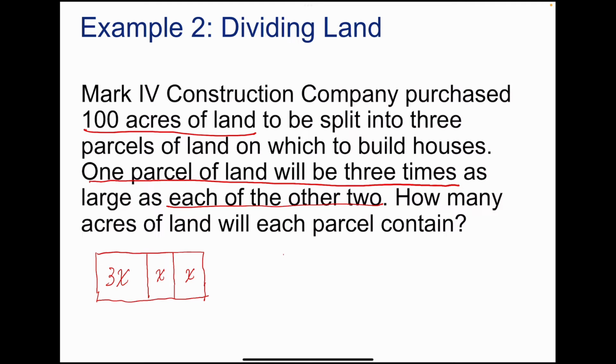Altogether, the areas of the three parcels should sum to 100. So fairly straightforward. And you combine like terms. On the left-hand side, you get 3x plus x equals 5x equals 100. And divide both sides by 5, you get x equals 20, right?